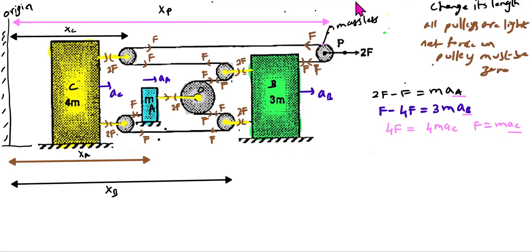The overall length of the string should remain the same. So I'll start from here. What is this length? This will be defined as xp minus xc.